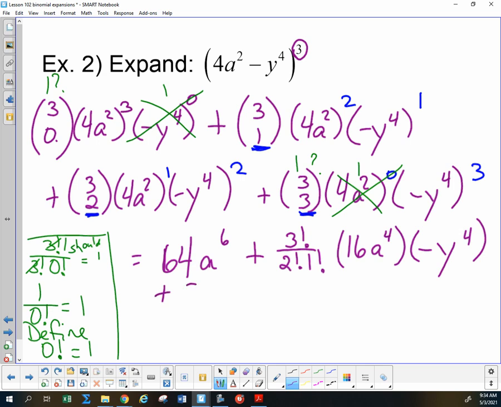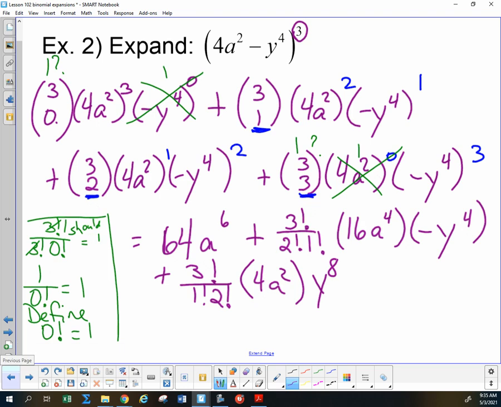And then I need 3 factorial over 1 factorial and 2 factorial times 4a squared. Now help me out. Minus y to the 4th squared. Bethany, what will that give? y to the 8th. The minus minus is going to become a plus. And then we're going to have y to the 8th.